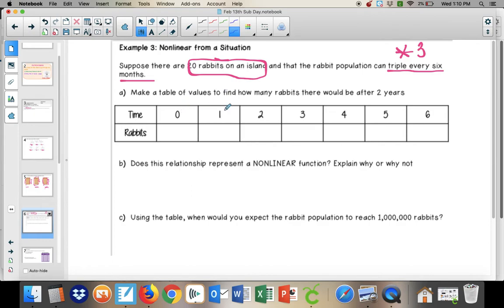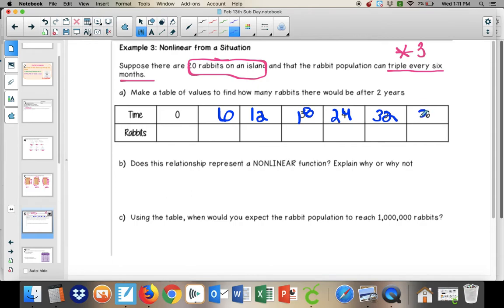Instead of it being 0, 1, 2, I want us to change this to 6, 12, 18. So what I'm doing is I'm counting up by 6s to make it be where it triples every 6 months. So we're going to make these by 6s. 38?